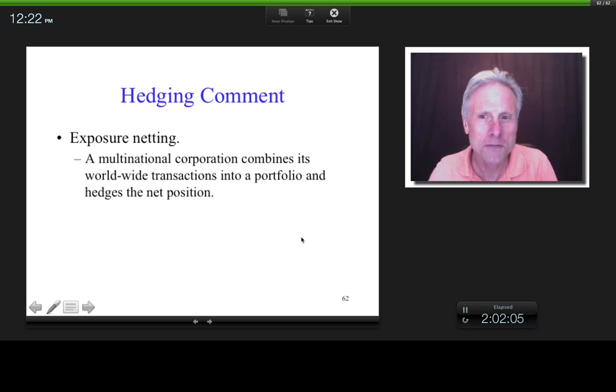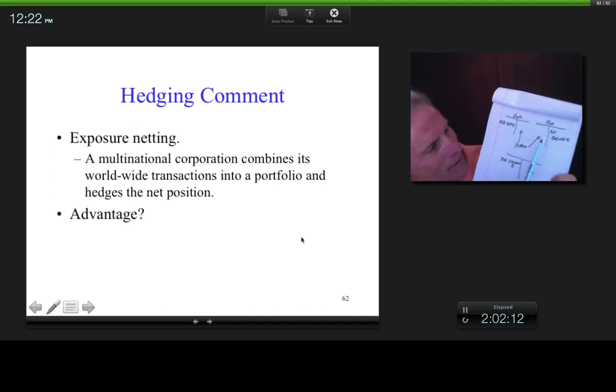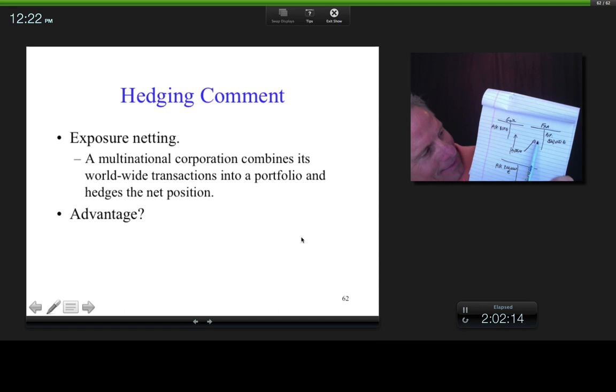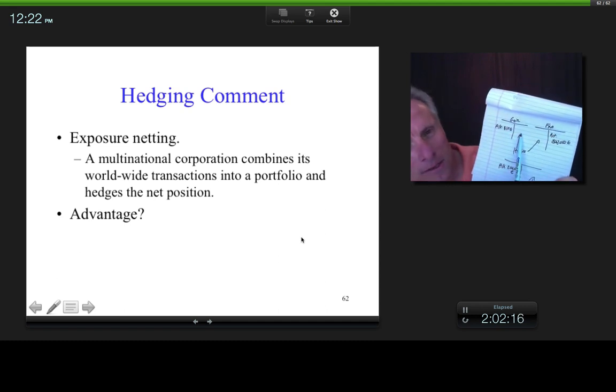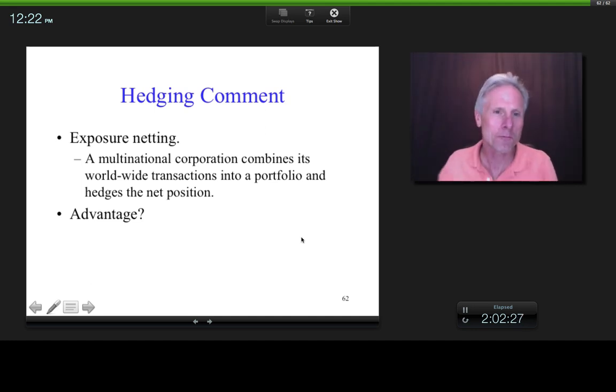Well, which one is going to have fewer transaction costs? If I hedge €800,000 here and €1 million here, or hedging just €200,000 there. And of course, just this one hedge for €200,000 is going to have lower transaction costs. And so that's basically what exposure netting is.